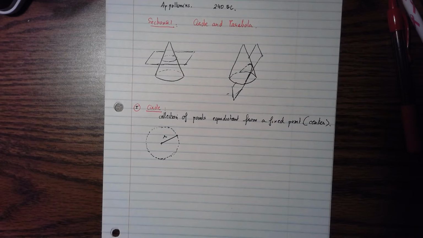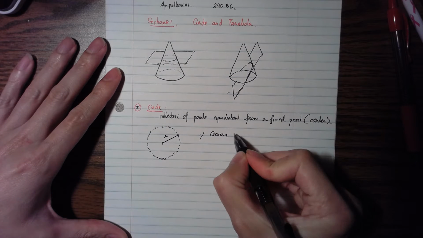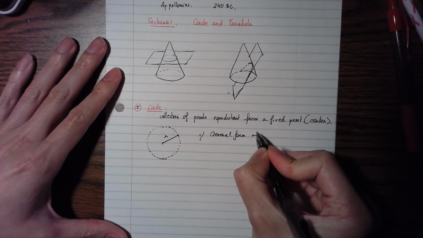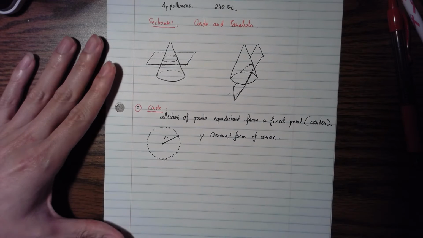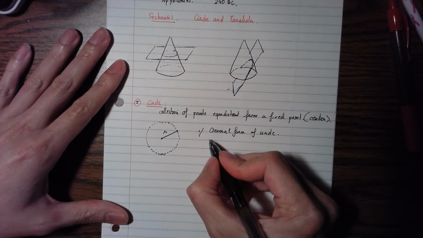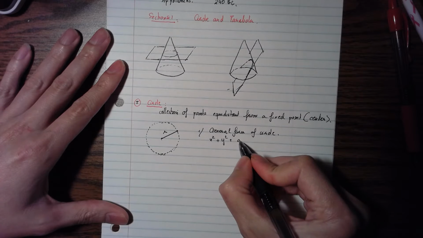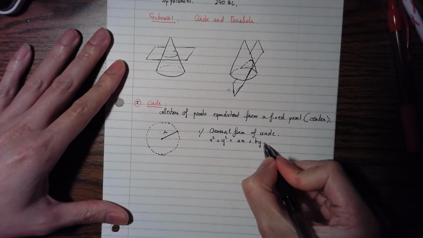We also learned that a circle can be written with two equations. The first one we call the general form of the circle. The general form of a circle is x squared plus y squared plus ax plus by plus c equals 0.